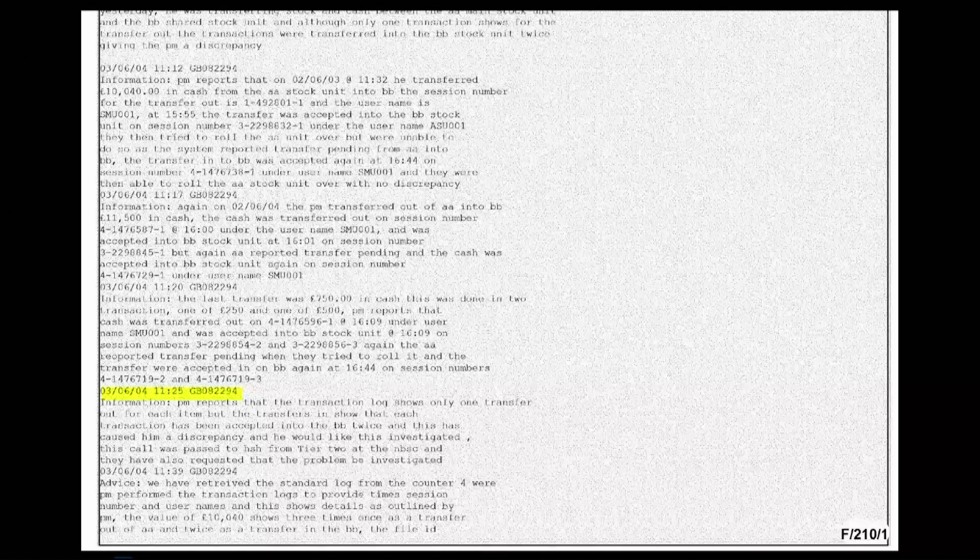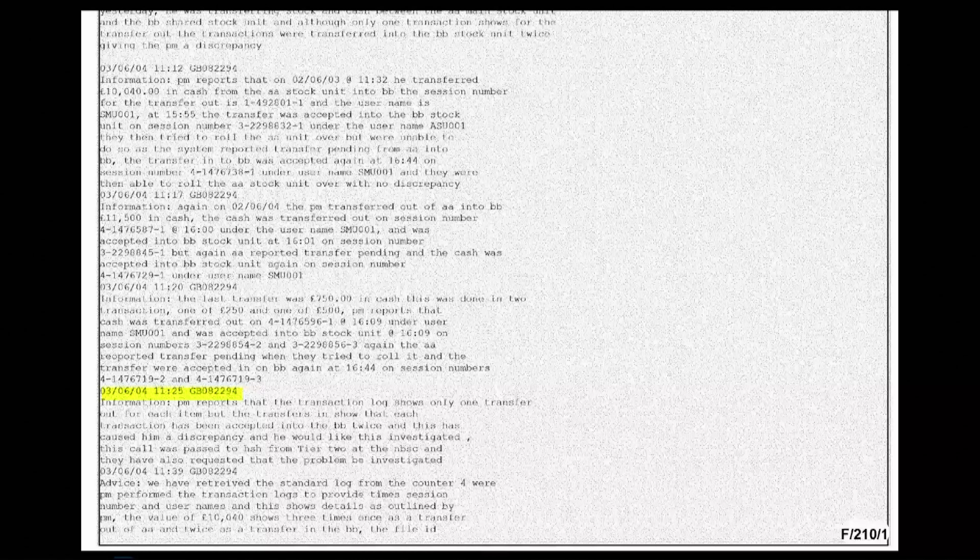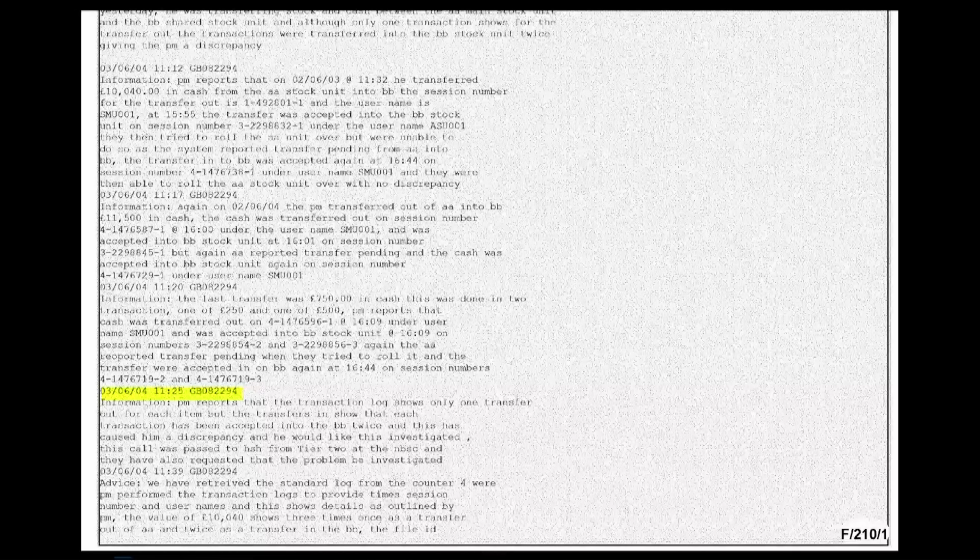That would be the name of the stock unit. Twice, and this has caused him a discrepancy, and he would like this investigated. This call was passed to HSH from Tier 2 at the MBSC, and they have also requested that the problem be investigated.